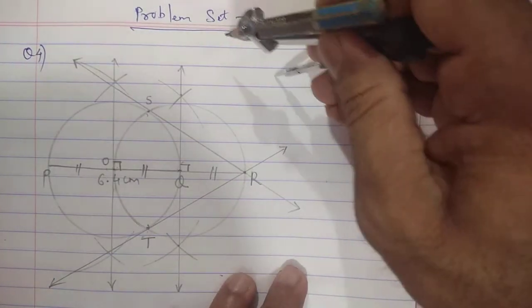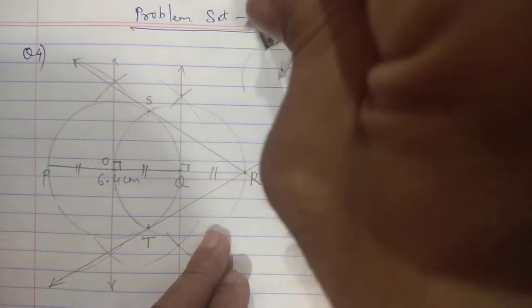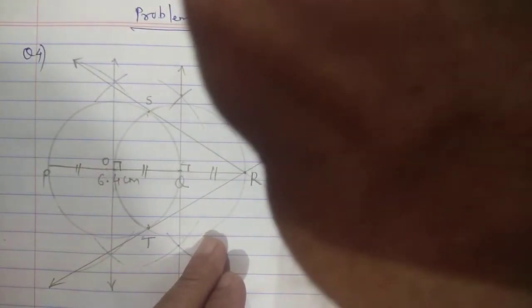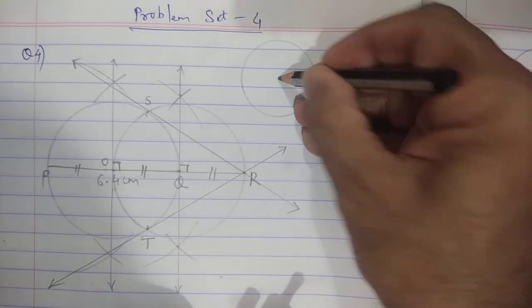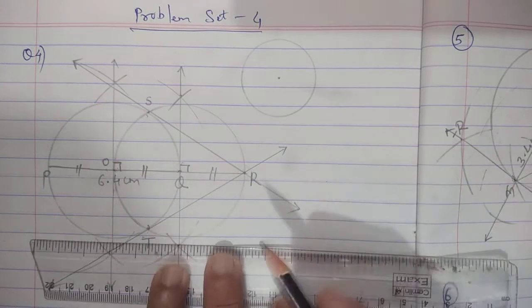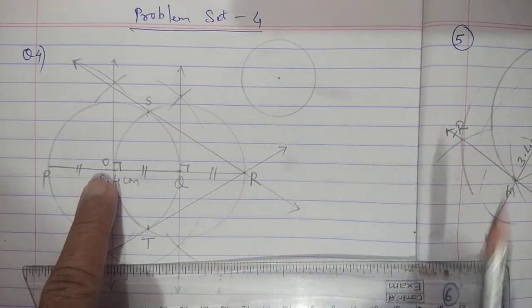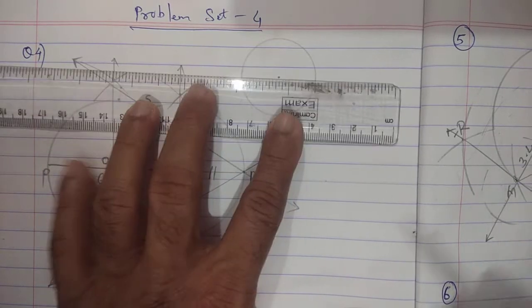Now here you can see both the circles are of equal radius, right? So this is your first circle. Where is the center? This is your center. Now take the scale. Now you know OP, OQ and QR, all three are equal in length. So according to that only you do it.